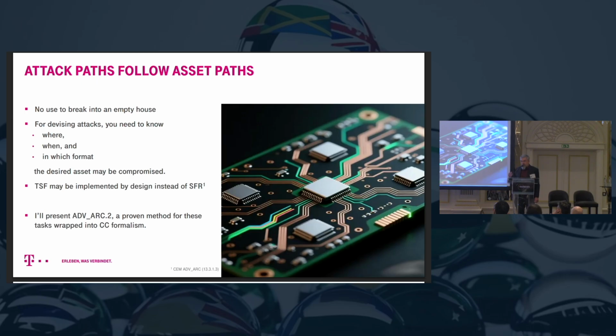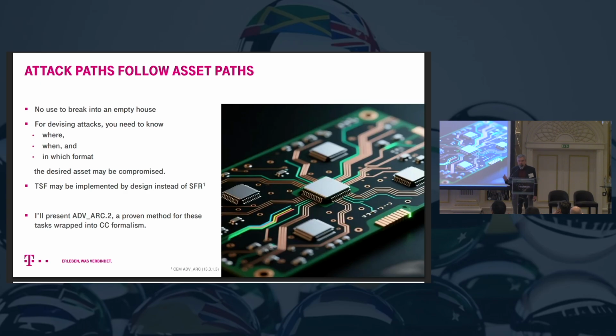Especially when we're looking at more complex systems, such as an entire Linux kernel or even containers in a Linux kernel, when you talk to these people it's very often very difficult to find out where these assets are. What is the point where we want to attack?